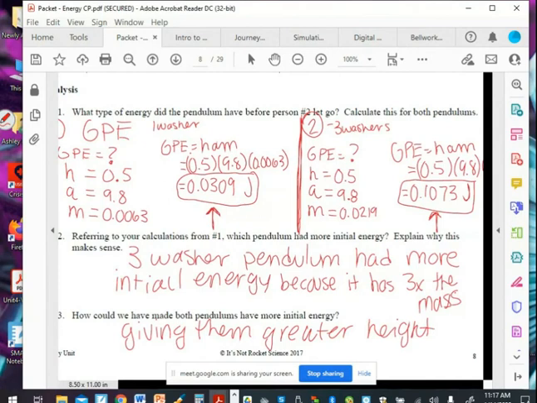Again, you can't really mess with the acceleration. The mass was already changed. I suppose you could change both of them again, but that's not really answering the question here. Changing the height would also change both pendulums. So increasing the height will make the total energy bigger.